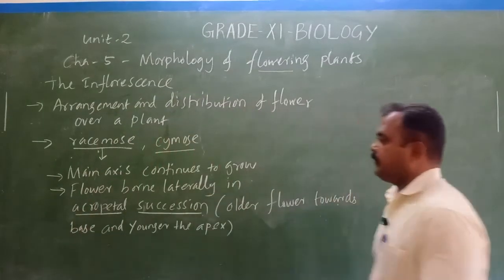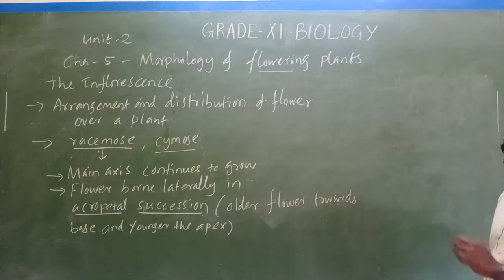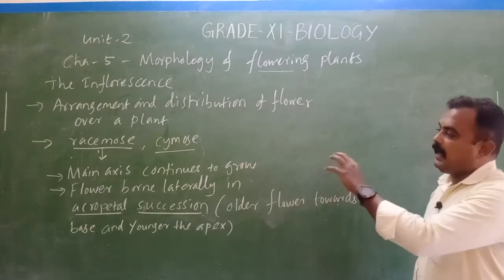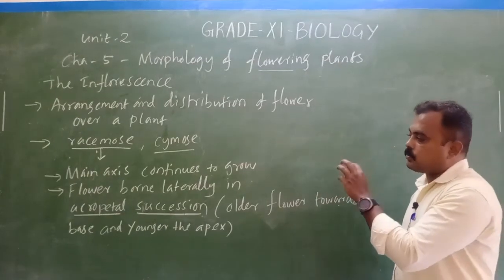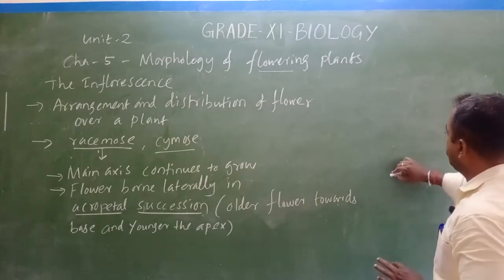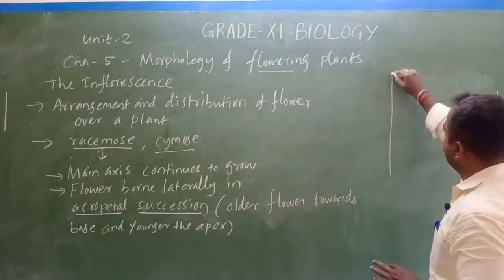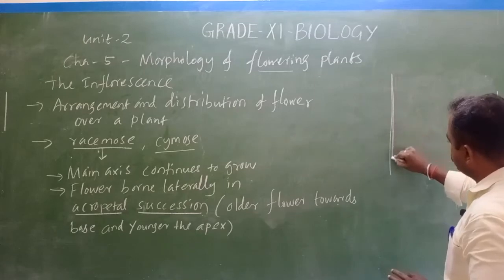So what happened? Racemose inflorescence. That means the main axis continues to grow. The main axis continues to grow.